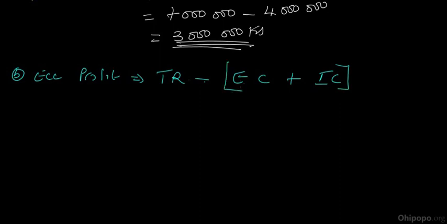Based on this, we know our total revenue is 7 million francs CFA, minus our explicit cost, which stands at 4 million francs, plus what is our implicit cost?